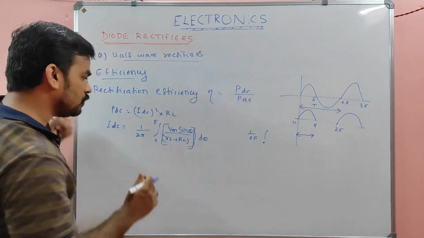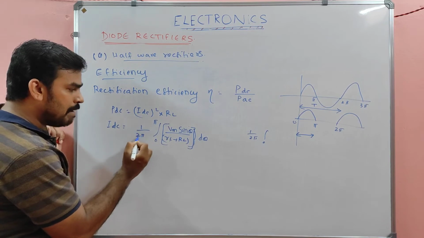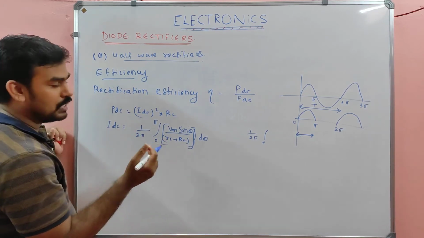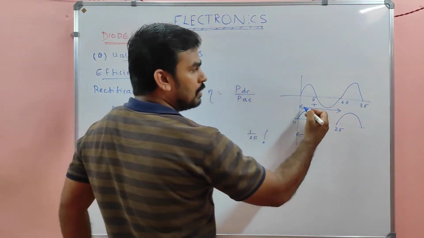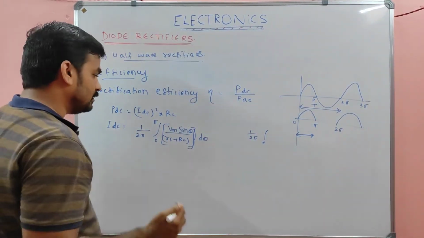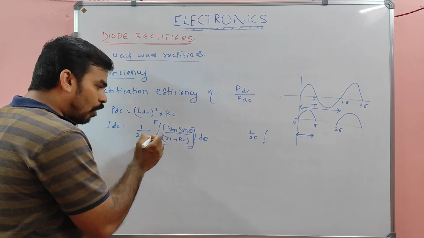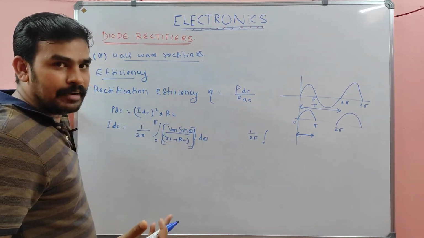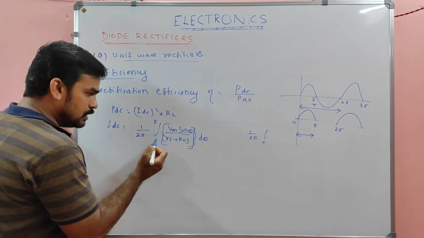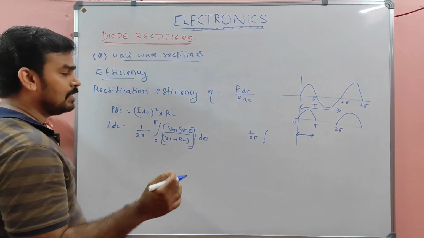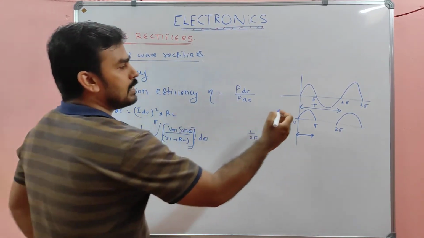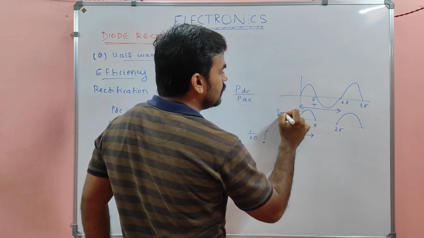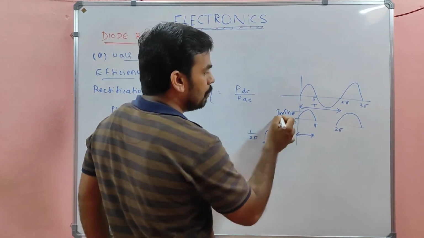That is why in the equation of average value, 1 by the time period, there is no change, it is 1 by 2 pi. But the limits are from where to where the output is there: 0 to pi only, and that output is Im sin theta. What is Im?